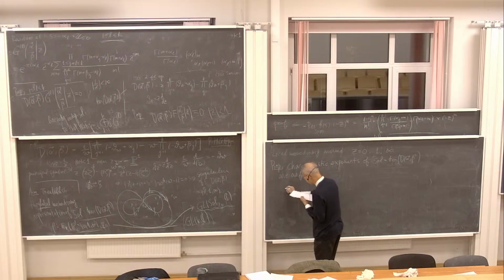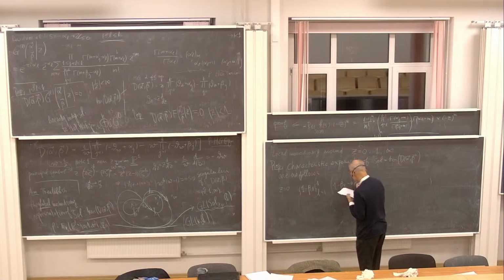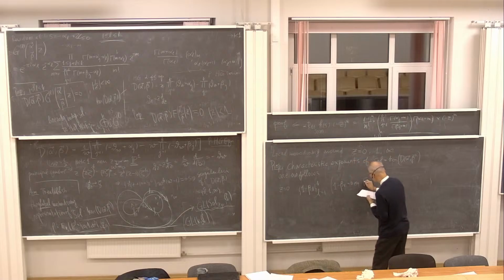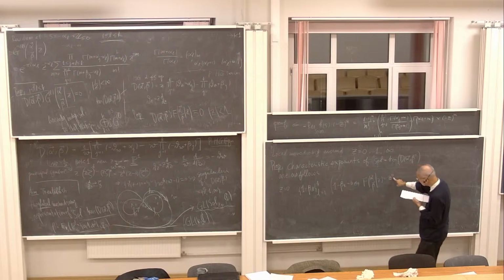At z equals 0, it has characteristic exponents 1 minus beta_j, especially 1 minus beta_k equals 0. So this first exponent is z to the power something.